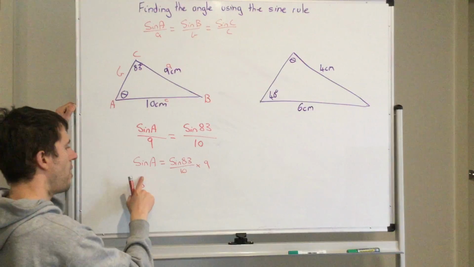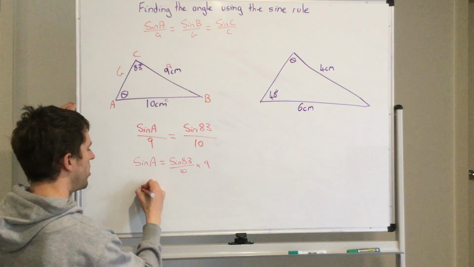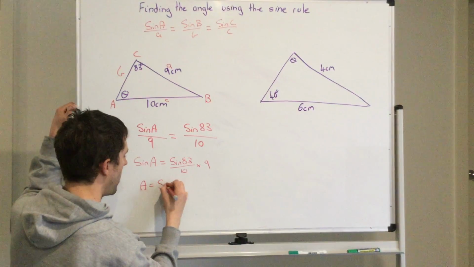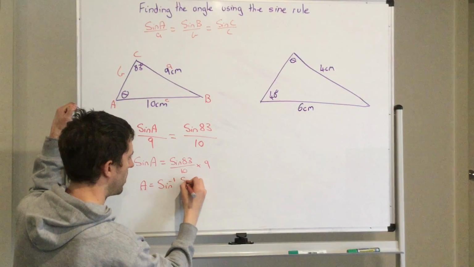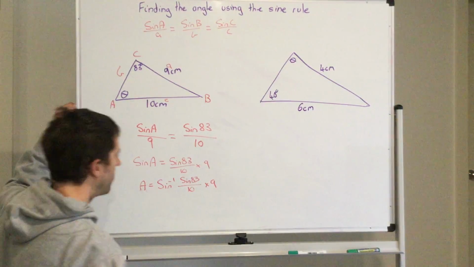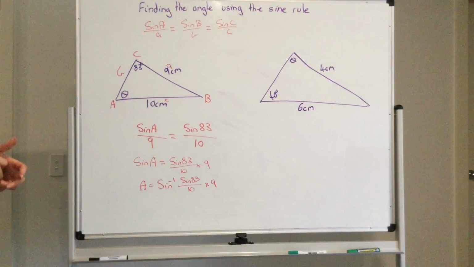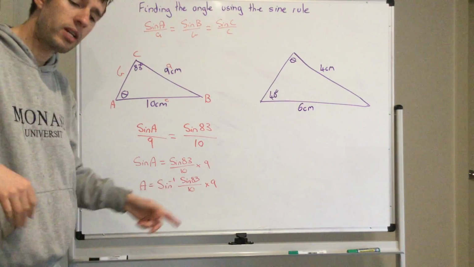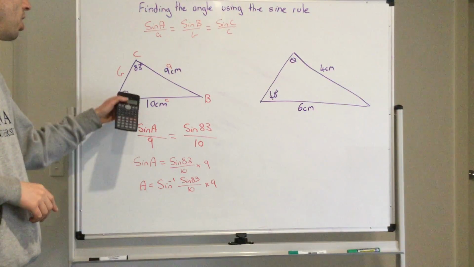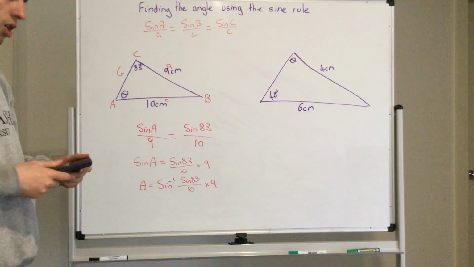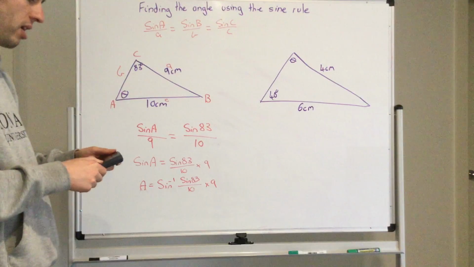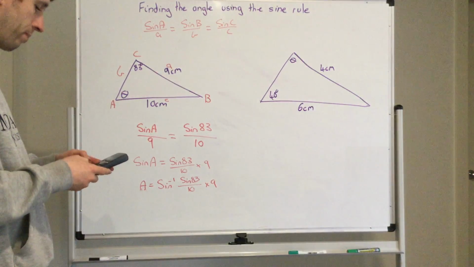Now, I want to get A by itself. So to get A by itself, when I take sine to the other side, it becomes sine negative 1. Sine negative 1 of sine 83 over 10 times 9. Now all I need to do is fill this into a calculator and it will let me know what my angle is. Just remember that we are just using algebra here to solve our equation.